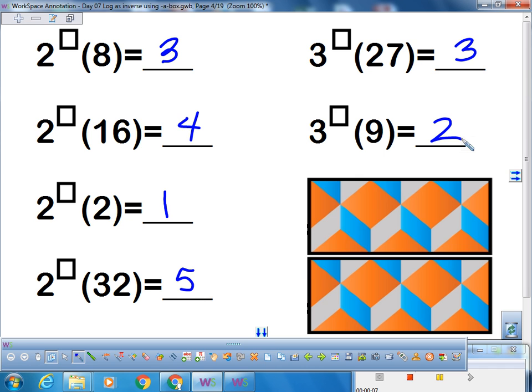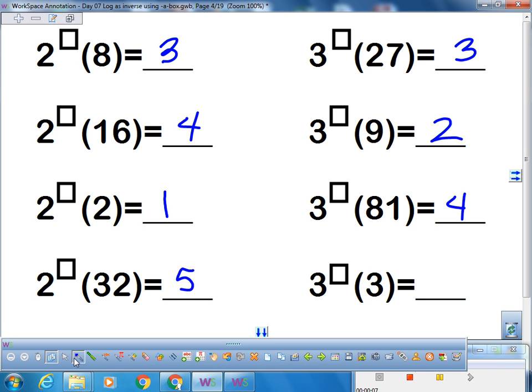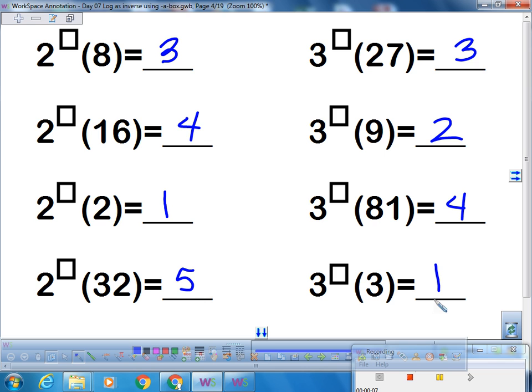What am I doing? I'm solving for a box is what I'm doing, right? Talking exponent. I'm answering what the exponent has to be to make 32. What's the exponent have to be to make 2? What's the exponent have to be to make 16? Do you see how we did that? 2 to the 4th is 16. 2 cubed is 8. 2 to the 1 is 2. 2 to the 5th is 32. Good so far? Thumbs up, thumbs down.